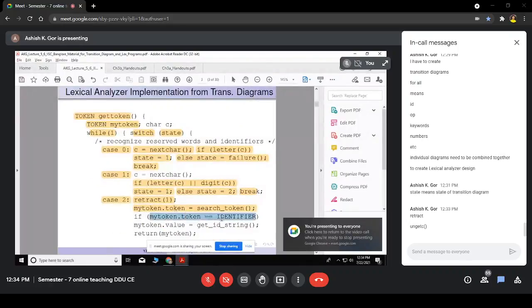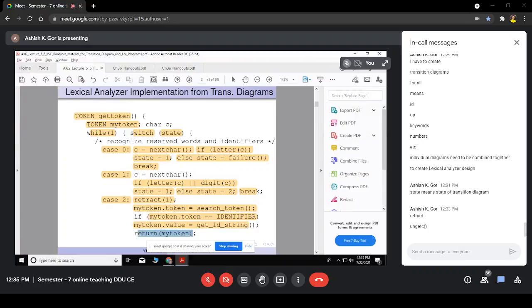If it is an identifier, suppose ABC, then the value is ABC, and return that myToken. This is some pseudocode kind of thing.